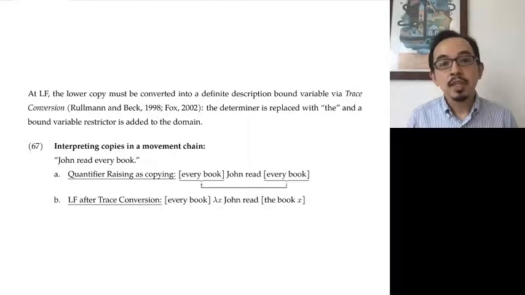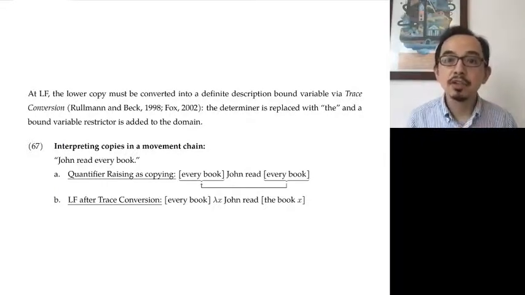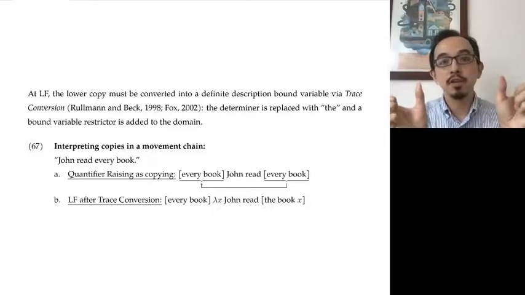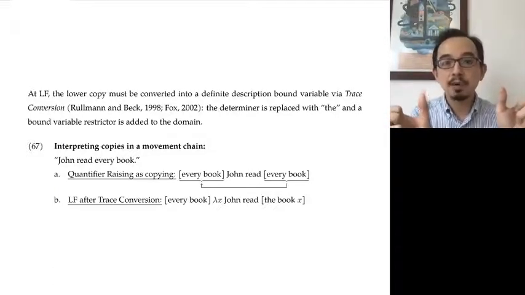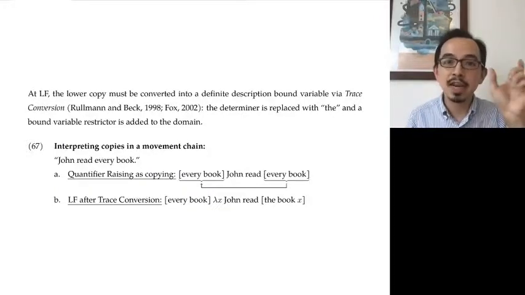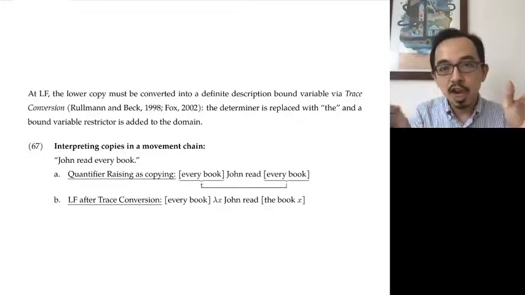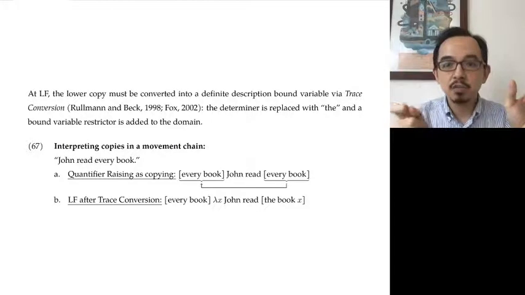So, for example, if we do QR for the object in John read every book, then in narrow syntax what we do is we copy every book, so we end up with every book, John read every book. At PF, we pronounce the lower position. And at LF, what we do is we interpret the higher position as is, and the lower position we manipulate, and we change into a definite description bound variable.